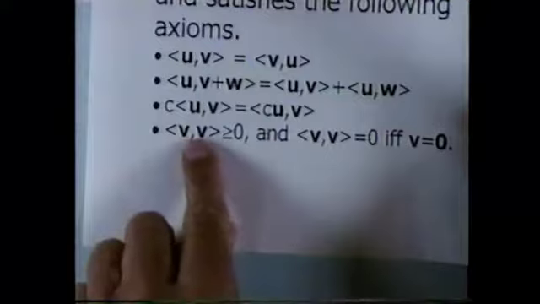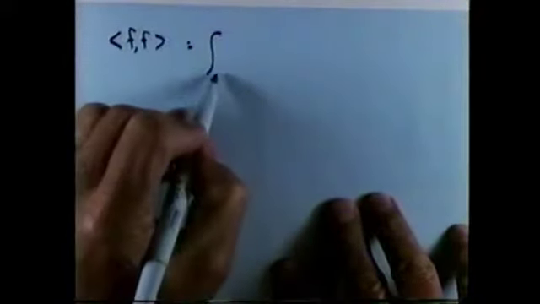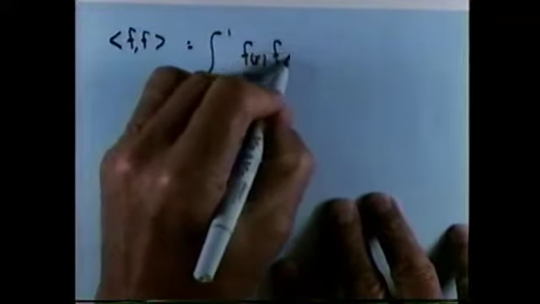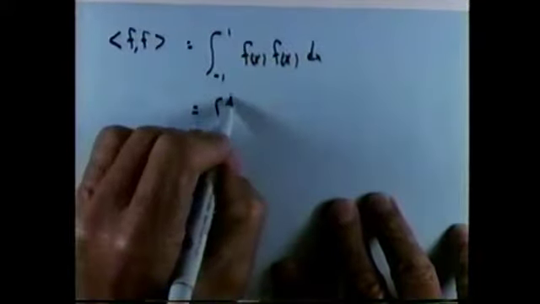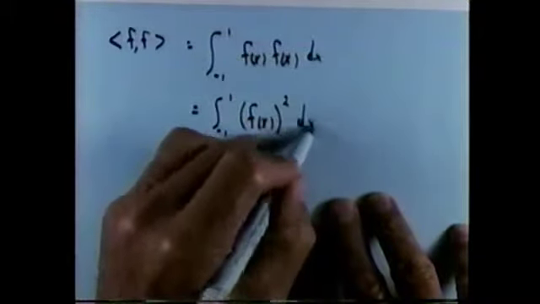Okay, the fourth one, we want to show that the inner product of the function with itself is always positive or 0. So we'll look at the inner product of f with f, which would equal the integral from -1 to 1 of f of x times f of x dx, which is equal to the integral from -1 to 1 of f of x quantity squared dx.